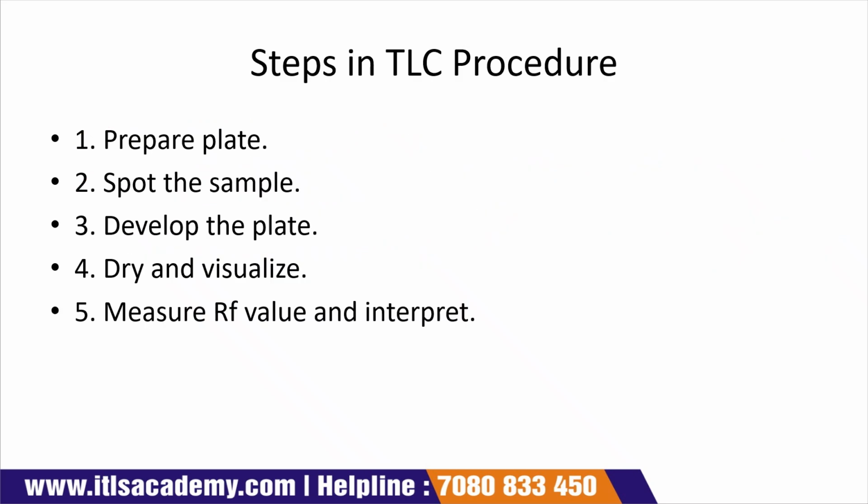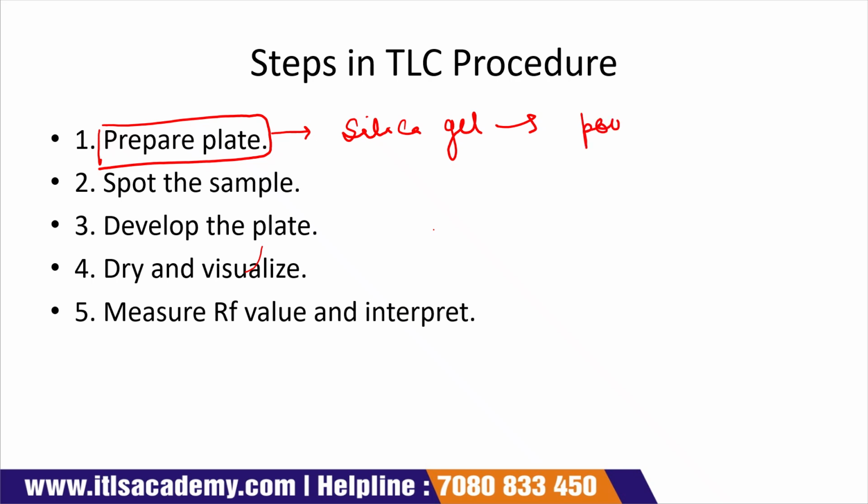Steps in the TLC procedure. The first one is preparation of the plate. Preparation of the plate means that we prepare a silica gel, then we pour it onto the plate, then we dry that plate overnight.